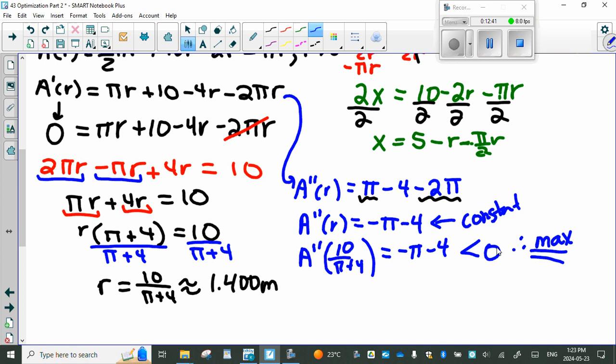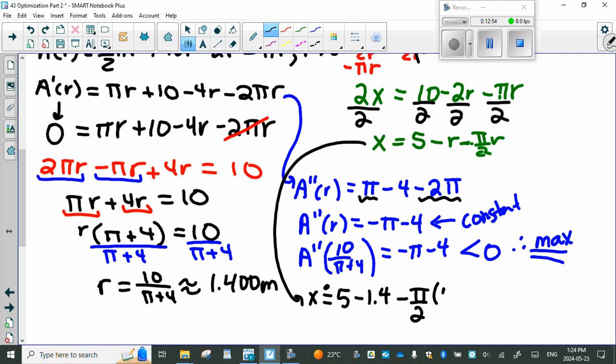So x is going to be 5 minus 1.4 minus pi over 2 times 1.4, which is approximately, I got 1.4 again.